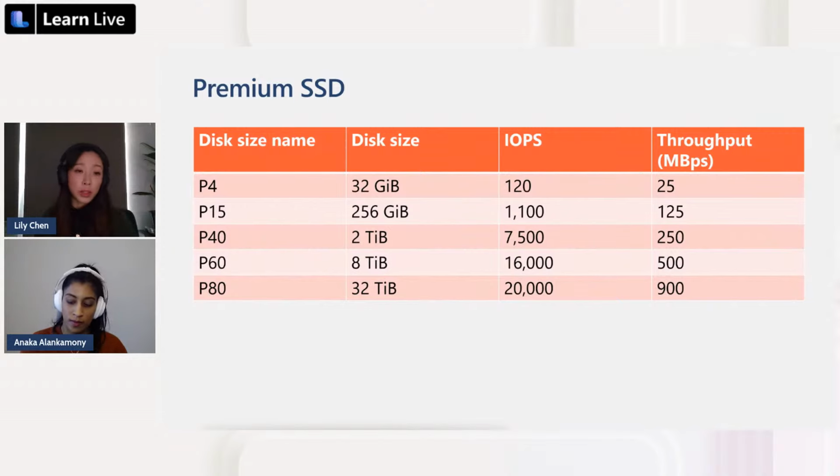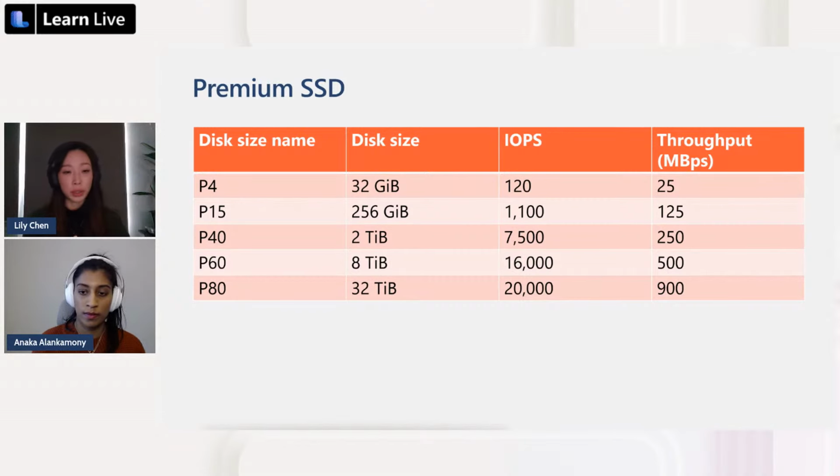All right, with Premium SSD, these performance figures are guaranteed. There's no such guarantee for our standard tier disks, which can be impacted occasionally by high demand. So if you need higher performance than what the standard disks can offer, or if you can't sustain occasional drops in performance, consider using the Premium SSD managed disks.